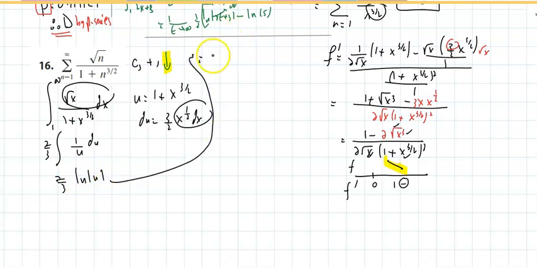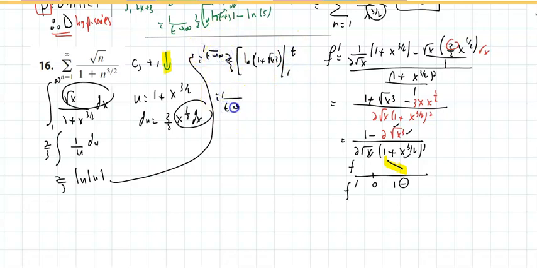And that's going to end up being 2/3 natural log of 1 plus square root of x cubed minus, let's go in order. Evaluate from 1 to t, taking the limit as t approaches infinity.